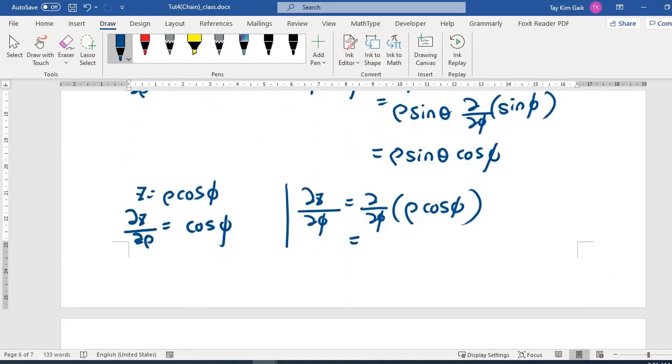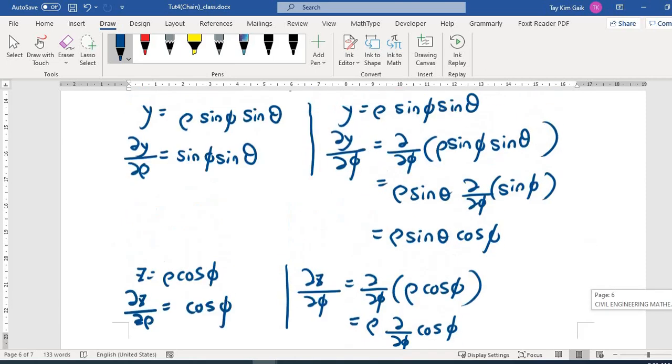So when del phi, rho is constant, you factor out the rho, and then you del phi cos phi. Okay. So del phi cos phi, you have negative rho sin phi.